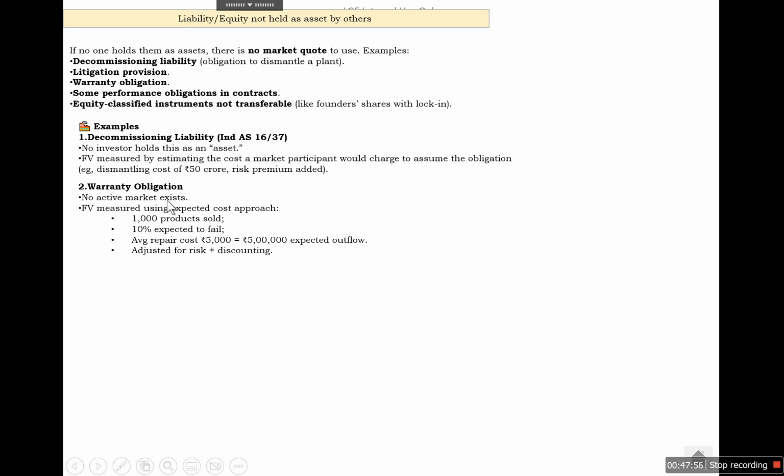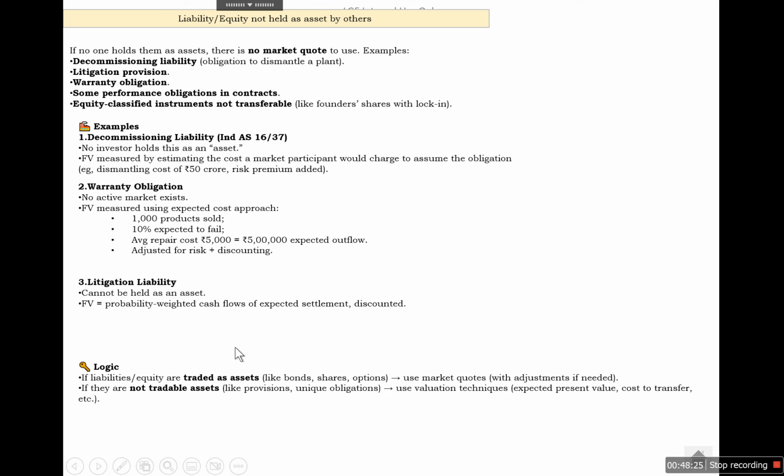Similarly, for the warranty obligation, there is no market, and fair value is measured using the expected cost approach. For example, 1000 products are sold and there is a 10% expectation of failure, and the average repair cost will be 5000. So we need to adjust it for risk and discounting. Similarly, a litigation liability cannot be held as an asset, so fair value will be the probability weighted cash flow of the expected settlement, and we need to discount it.